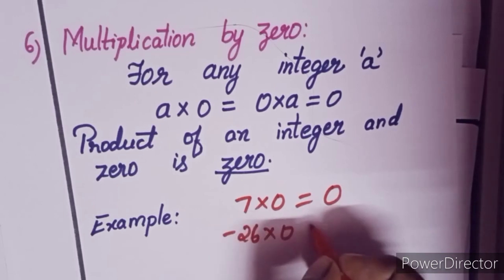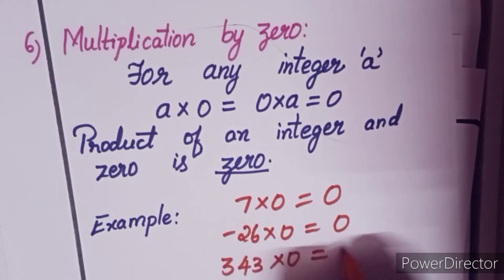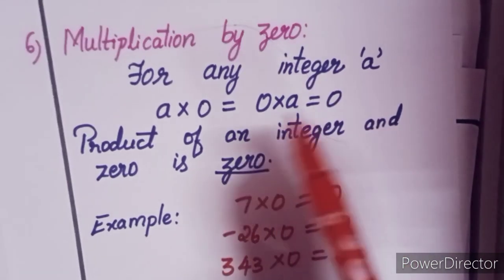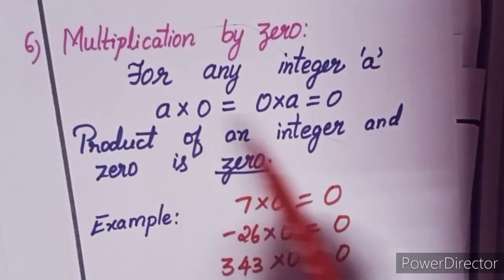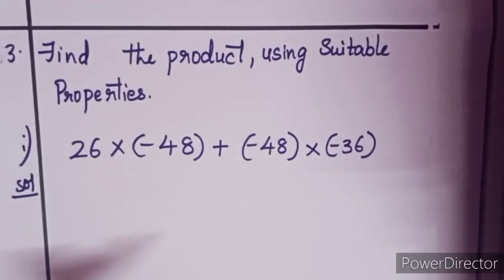Minus 26 into 0 equals 0. 343 into 0 equals 0. So any number we multiply with 0, we get the product 0. Any number we multiply with 1, we get the same number. So the product of an integer and 0 is always 0. Understood, children?